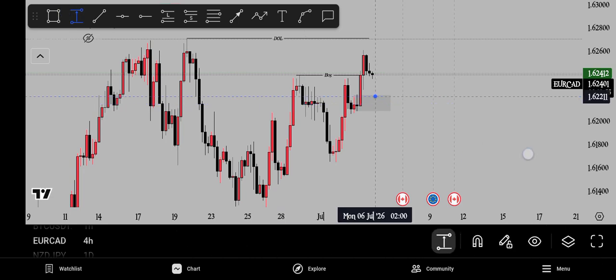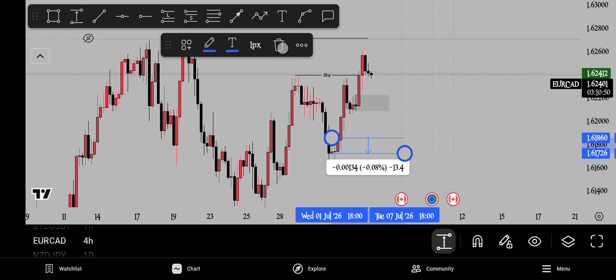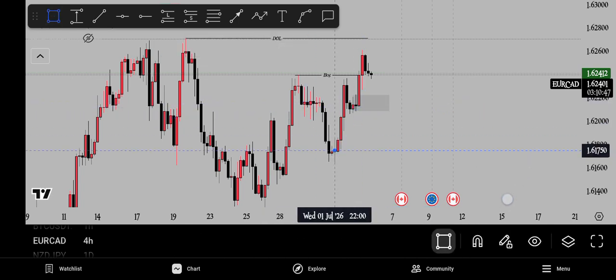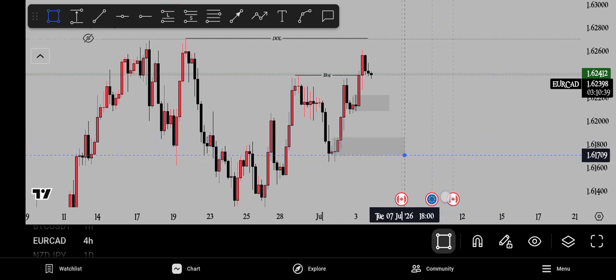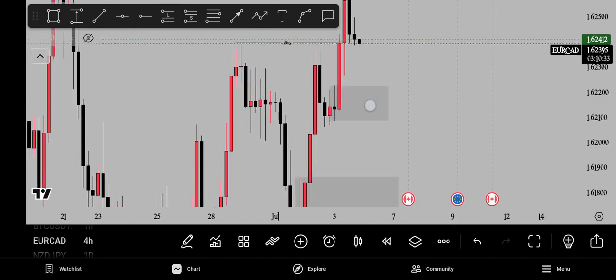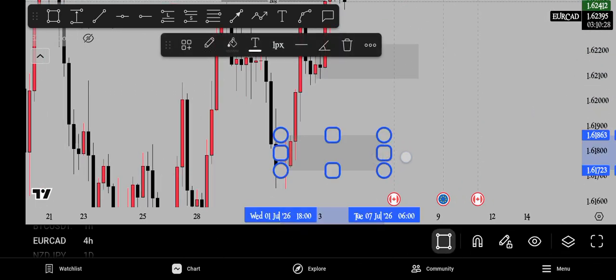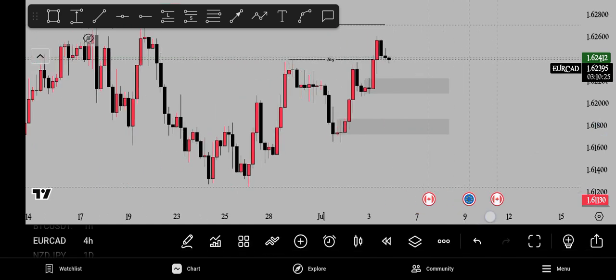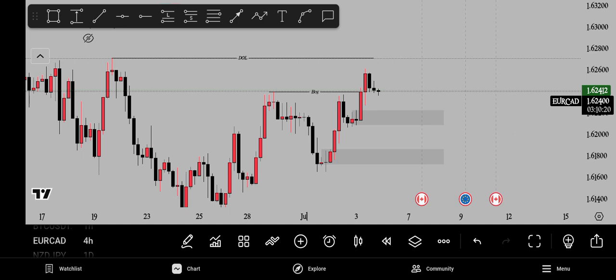We also have this here. So I'm keeping an eye on these zones on Euro Cad.